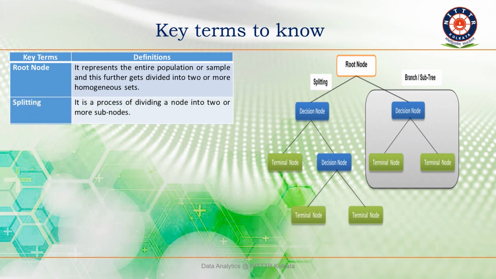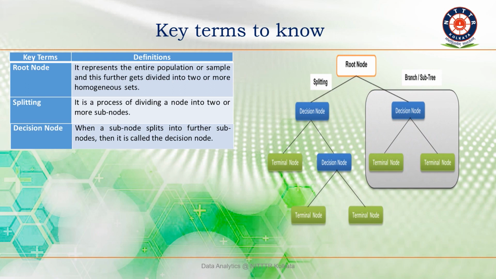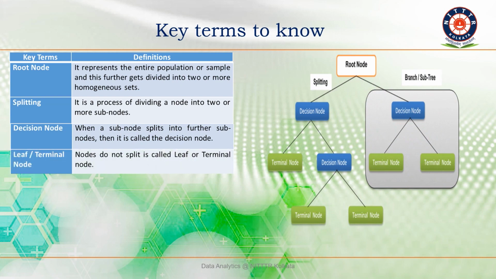Splitting: it is the process of dividing a node into two or more subnodes. Decision node: when a subnode splits into further subnodes, it is called a decision node. Next, leaf nodes: when nodes do not split, they are called leaf or terminal nodes.